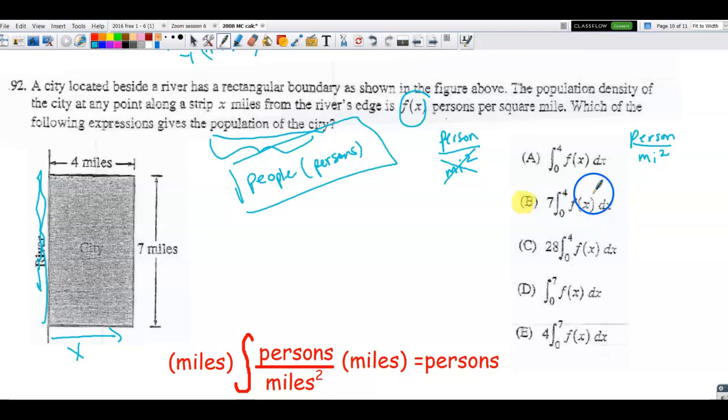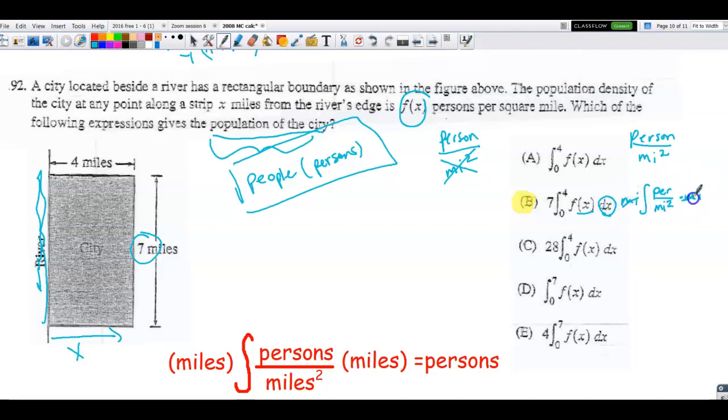In number 7, out front we have a 7 being multiplied, so that 7 is a measure in miles, so that would be miles. Integration of f of x is persons per mile squared, and dx, notice that that's also measured in miles.